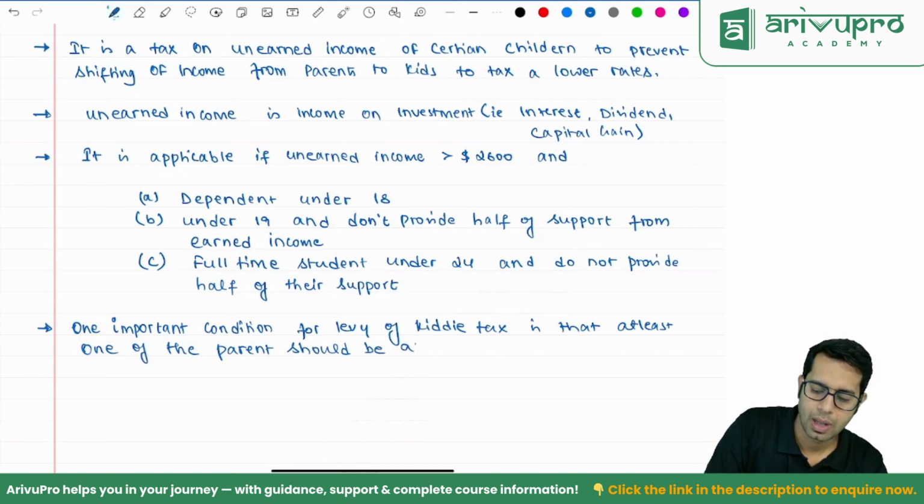Not both parents. If both are alive, very good. If both are not alive, at least one should be alive, because the tax rate of the parent will be taken. If the parent is not there, how will I take the tax rate?